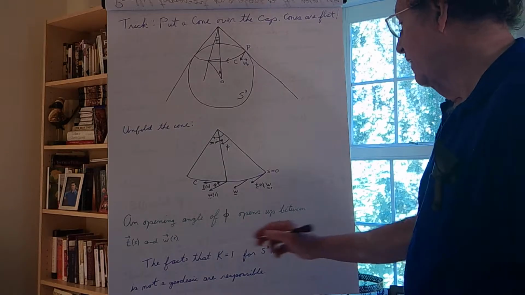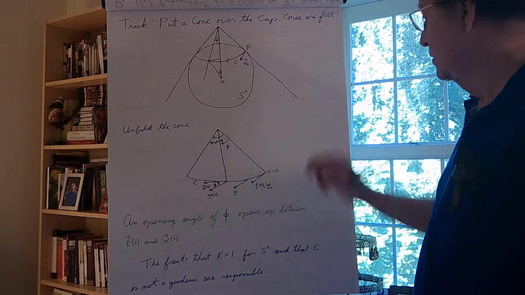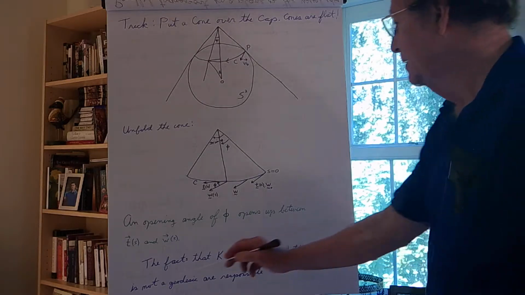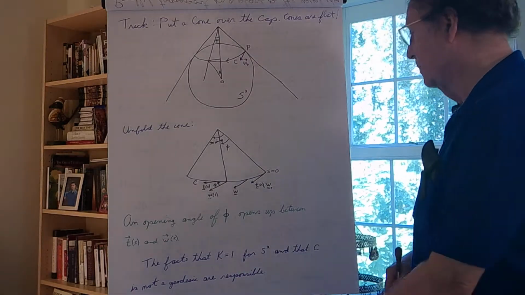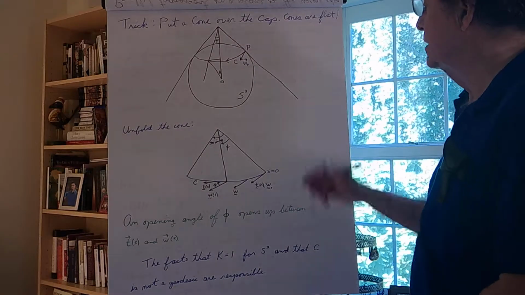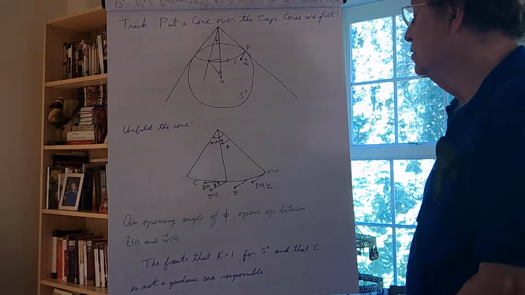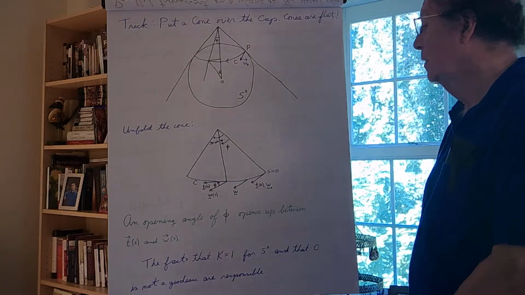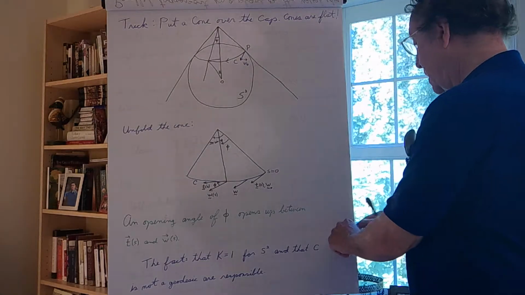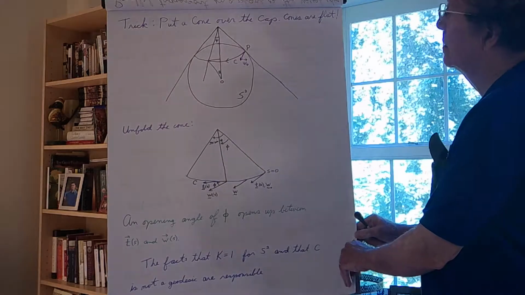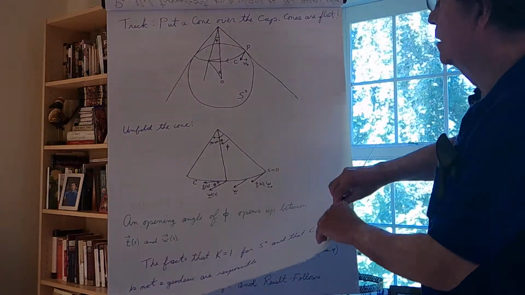The fact that k is equal to 1 for the unit sphere, and that C is not a geodesic, are responsible for the appearance of this opening angle phi that opens between the original direction of the parallel transported vector and its original direction. So that's a good one.